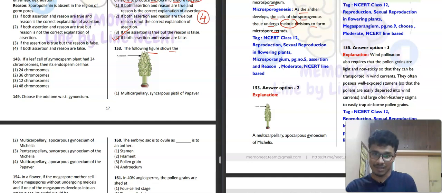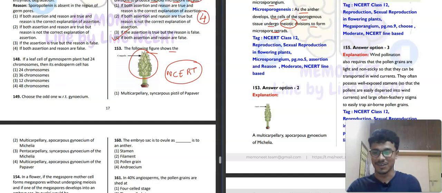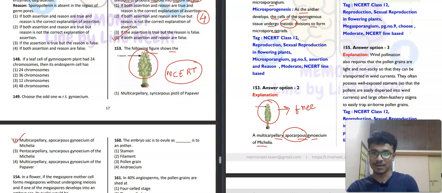So basically this we can see from the structure that is directly given in the NCERT, the most important book for NEET. Okay, so let's see this. This diagram is basically a multicarpellary apocarpous gynoecium of Michelia. Now what does apocarpous mean? As we can see in this diagram, apocarpous means the carpels are free. So that's why second option will be your correct answer for this question, 153.